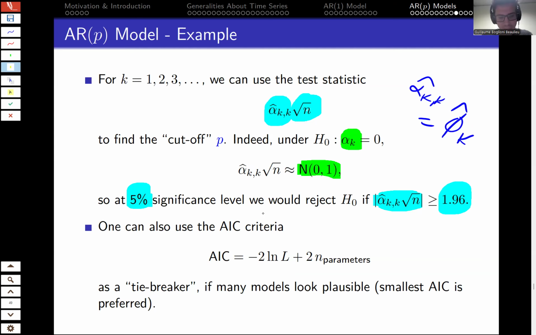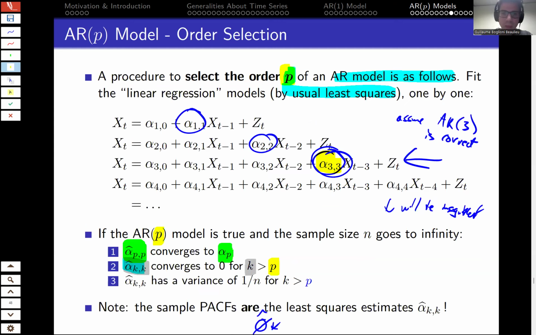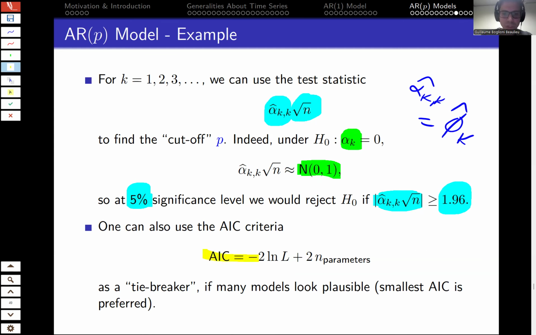And in this whole process, we're trying to give you rules to pick the p, to pick the order of your model. Should it be 1, 2, 3, 4, etc.? It might not be that clear which one should be picked. So if you have two models where you could go for one and you could go for the other, maybe this criteria, the AIC, which again is very general, could be used as a tiebreaker.